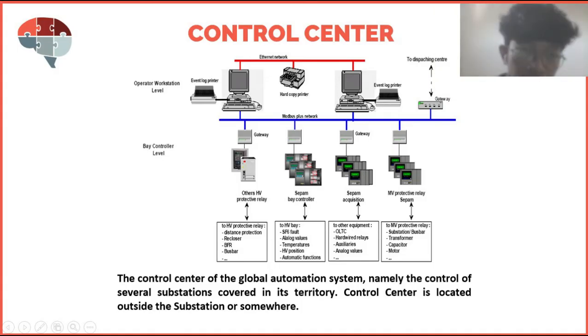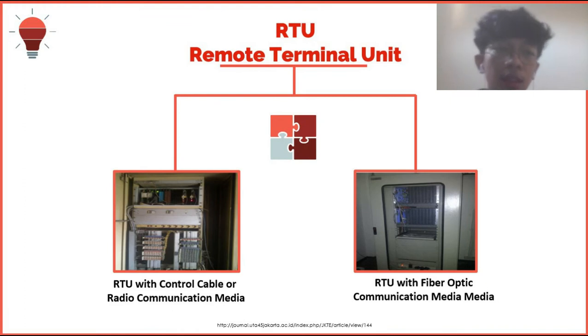Next, the control center. The control center of the global automation system, namely the control of several substations covered in the territory, is located outside the substation or somewhere else. And next, the remote terminal unit or RTU.